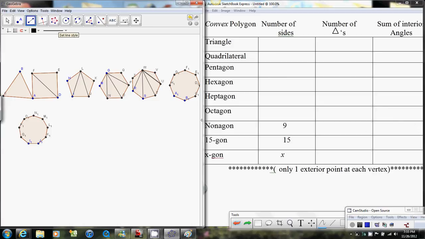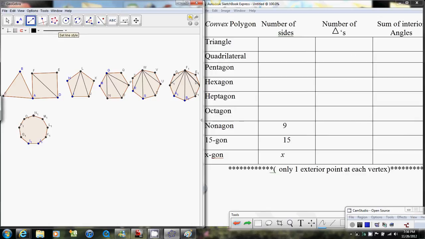Then I'm going to do the same thing for this octagon. I'm going to pick my vertex F here, and draw a diagonal from F to H, F to A, F to B, F to C, F to D, and I've created 1, 2, 3, 4, 5, 6 triangles. I'm going to do this one more time with the nonagon.